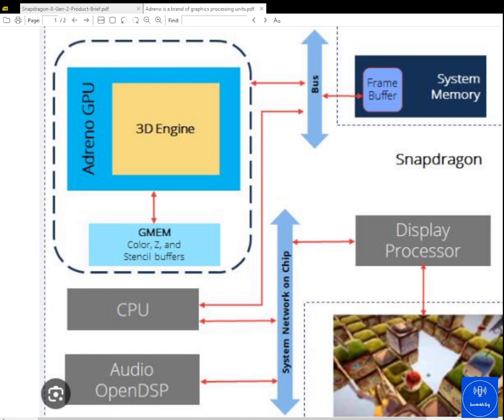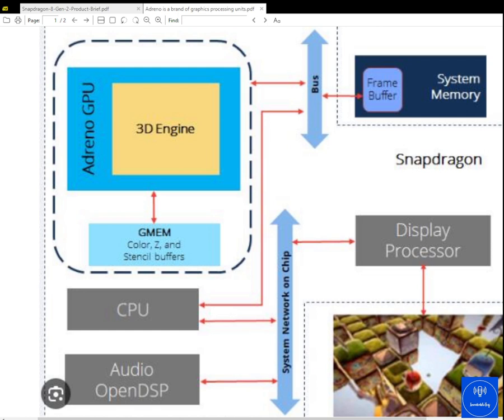The GPU performs transformations on the vertices, such as translation, rotation, scaling, including light calculation. So those are some of the tasks that take place during vertex processing.